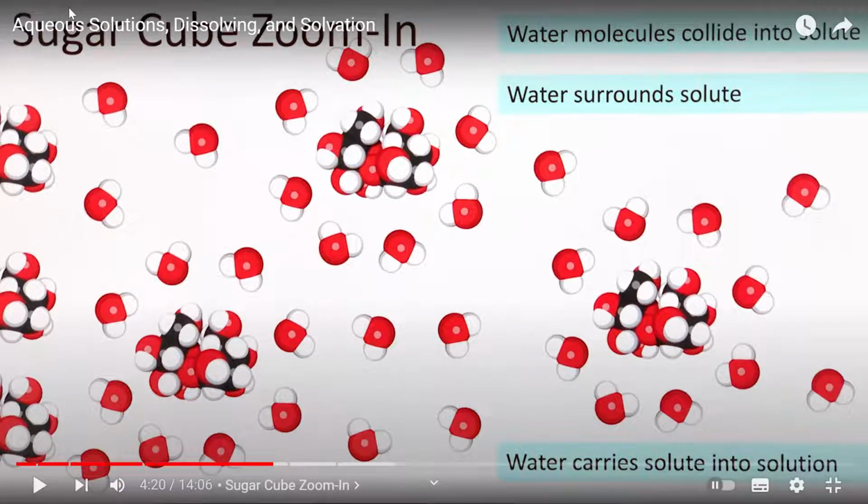If you want to fill in on page 125, if you have not done so already, what do the water molecules do? They collide with the solute. They bump into it. The water molecules collide with the solute.